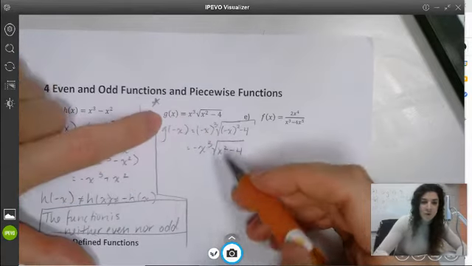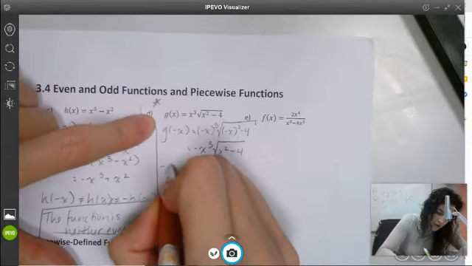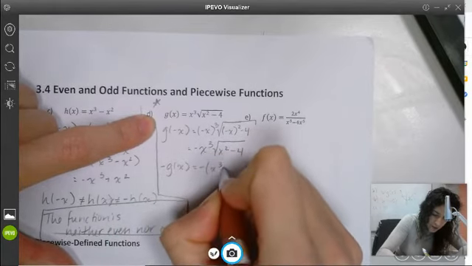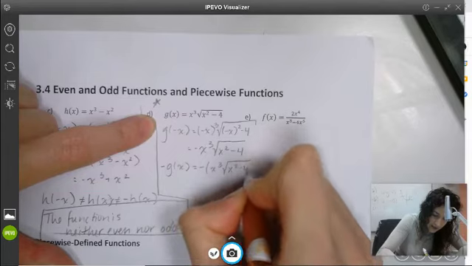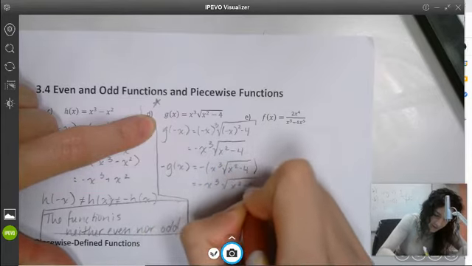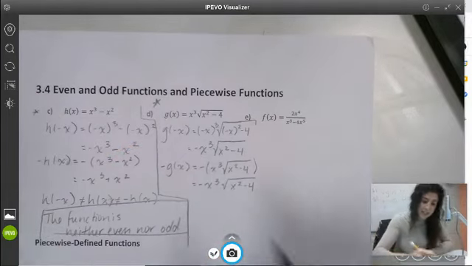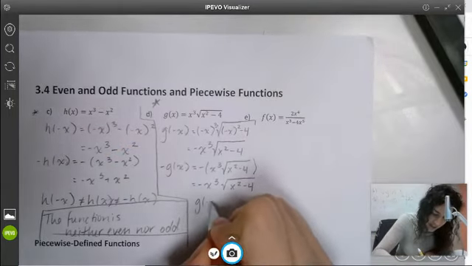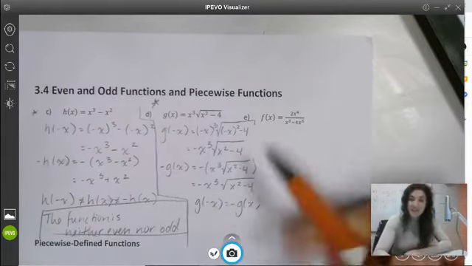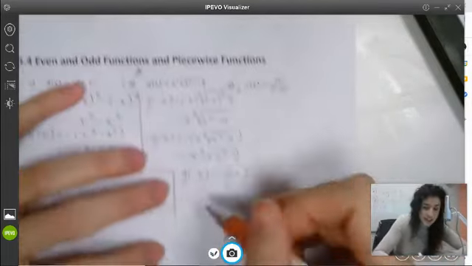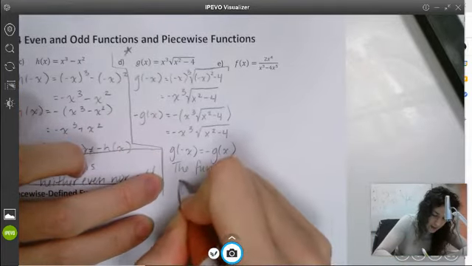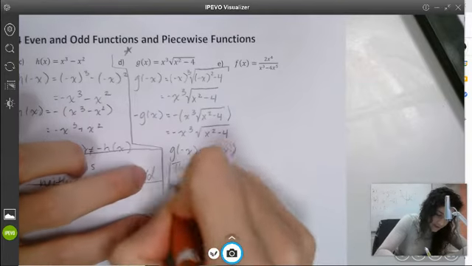So we know it's not the same as the original one, but maybe hopefully some of you saw like, oh, wouldn't that just be the negative version of my original equation? Why, yes. Yes, it is. Since g of negative x is equal to negative g of x, this function is odd.